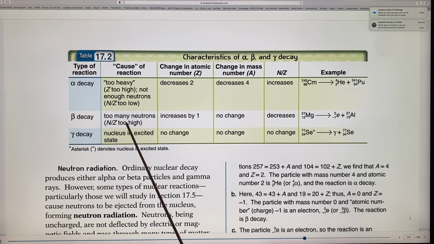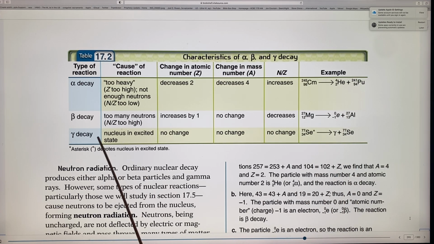Beta decay, you have too many neutrons, so a neutron is turning to a proton, and basically that increases the charge, but the charge will emit radiation of an electron right here. So here we have the electron taking off.